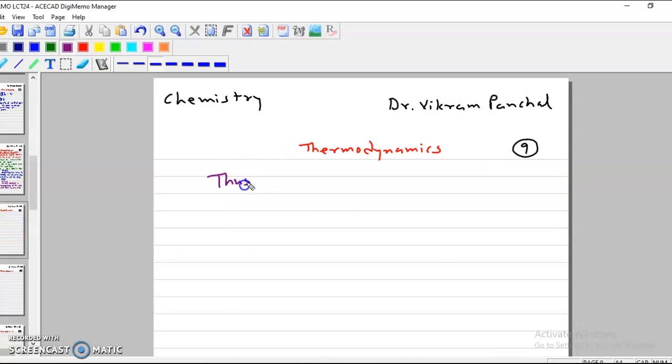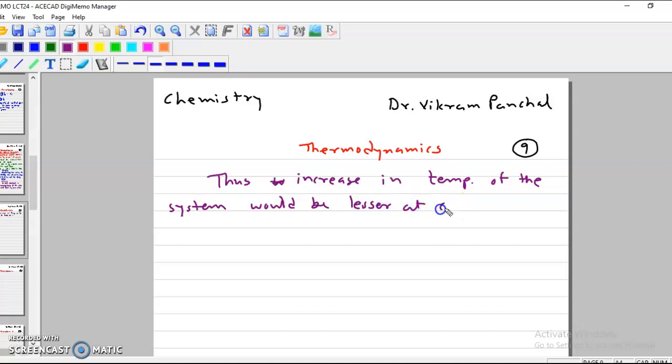Thus, the increase in temperature of the system would be lesser at constant pressure than at constant volume.